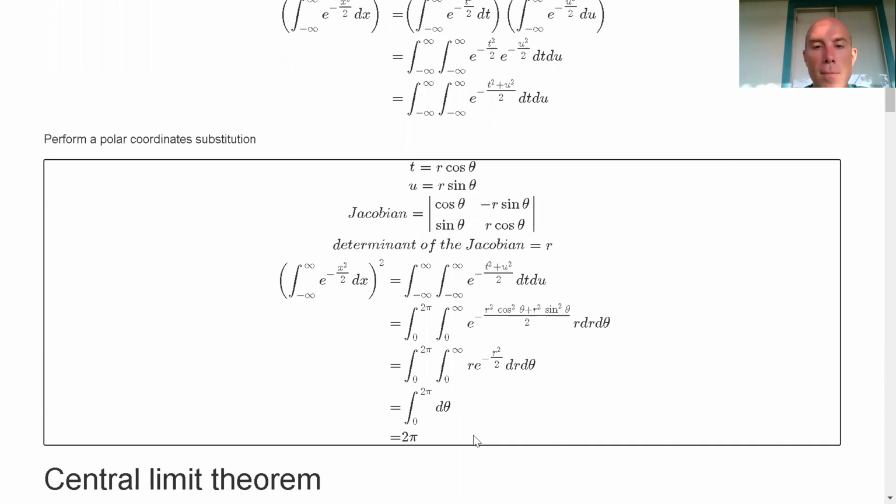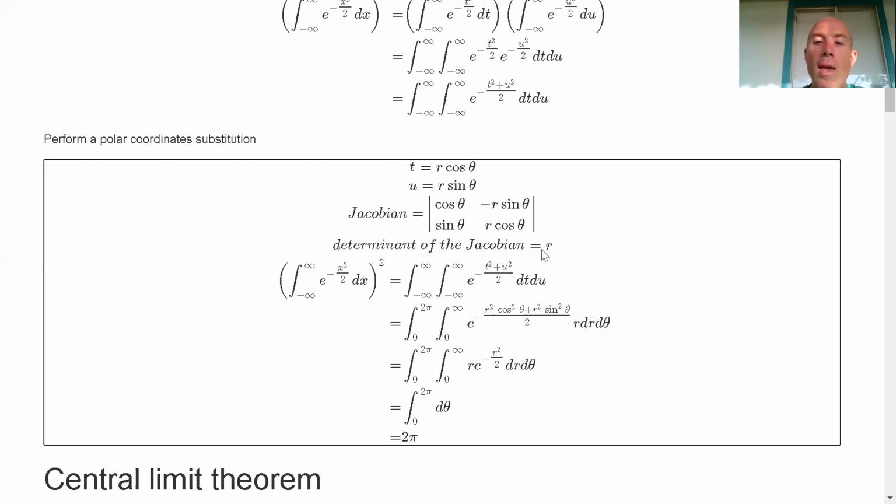So I need a Jacobian. I need to set up this special matrix where I take these terms and take derivatives with respect to r and with respect to theta, and put them in the matrix in the right format. So here's my Jacobian.